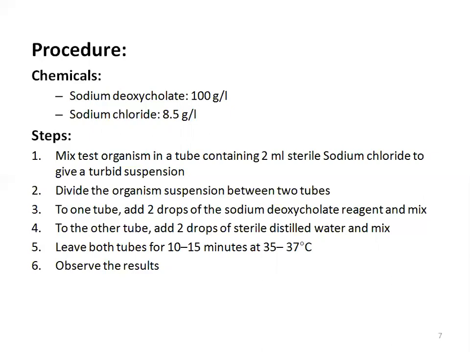To the other tube, that will be the negative control, add 2 drops of sterile distilled water and mix it. Then leave both the tubes for 10 to 15 minutes at 35 to 37 degrees Celsius. After that, look for the clearing of the turbidity in the tube containing the sodium deoxycholate.